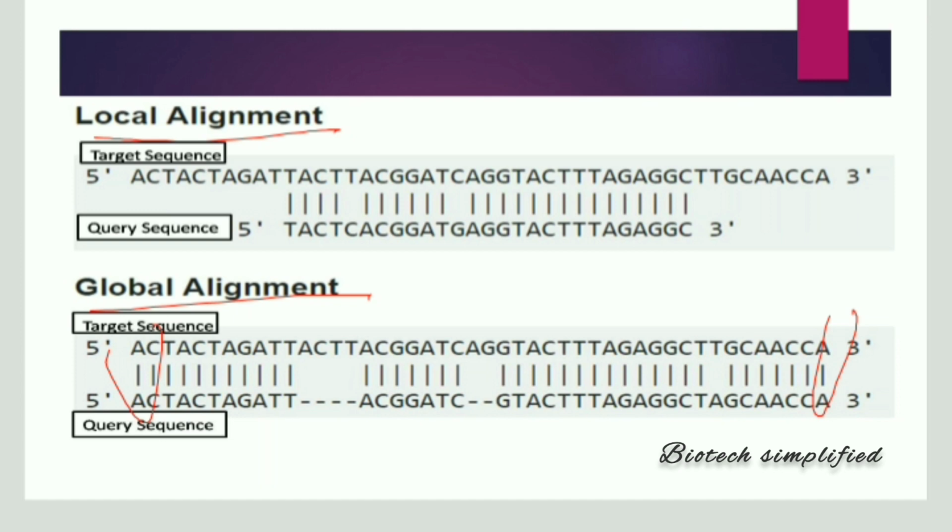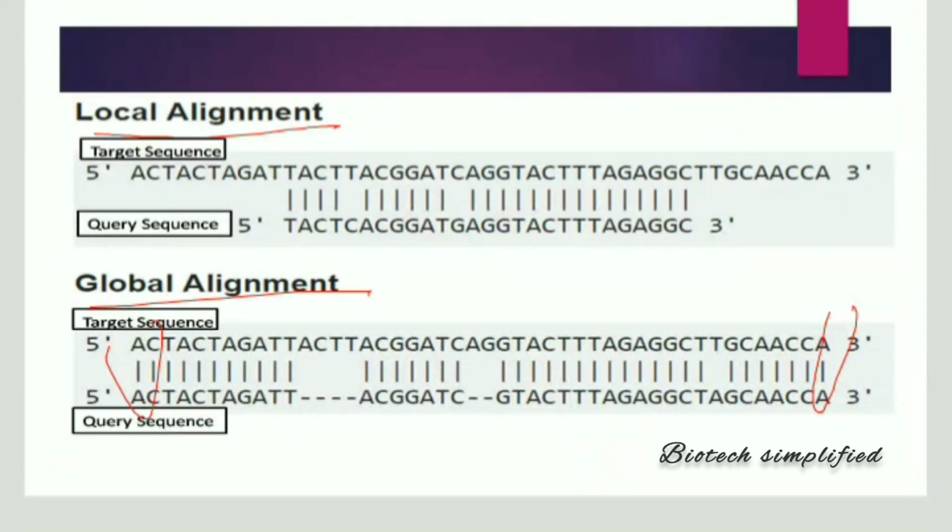That is, in local alignment, only certain parts of the sequence are being compared, whereas in global alignment, the entire sequence of the target is being taken into account.